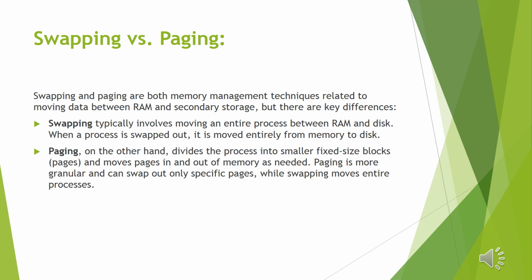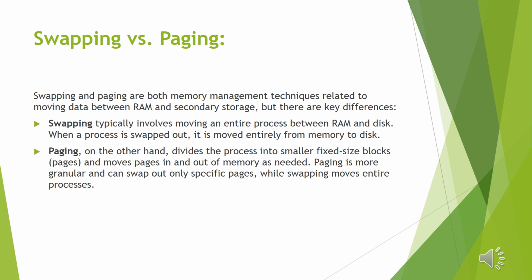Alright, so we are going to look at the differences between swapping and paging. Swapping and paging are both memory management techniques which are used to move data between RAM and secondary memory, but there are key differences. Swapping typically involves moving an entire process between RAM and disk.